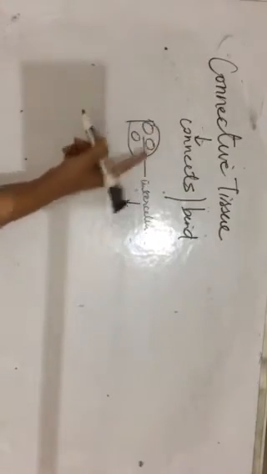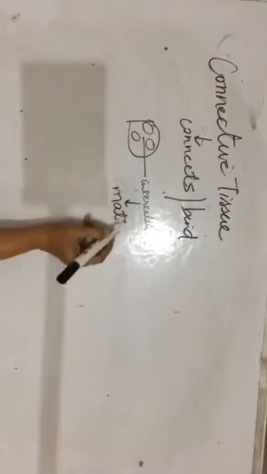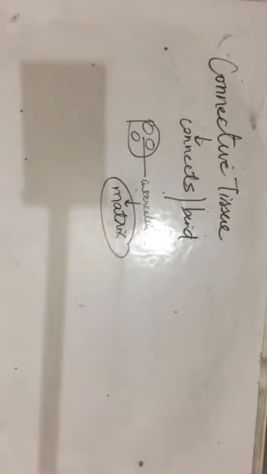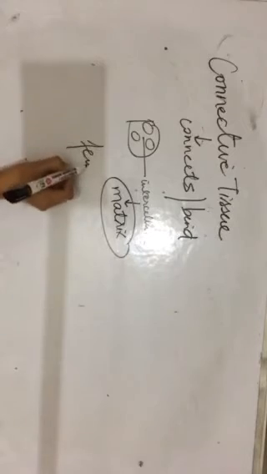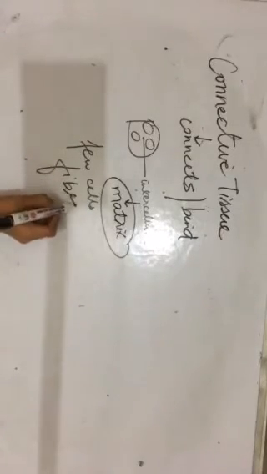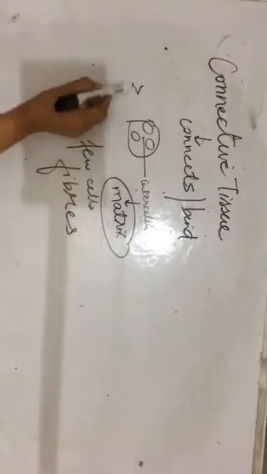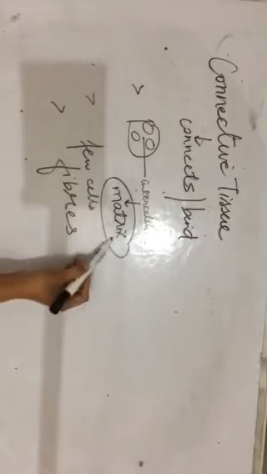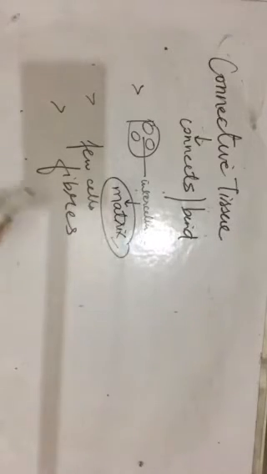In connective tissue, it is filled with a substance known as matrix. Alright, this is the special feature of connective tissue. Number two, it has very few cells, but it has a lot of fibers. Three characters: intercellular space is filled with matrix. It has a few cells but a lot of fibers.